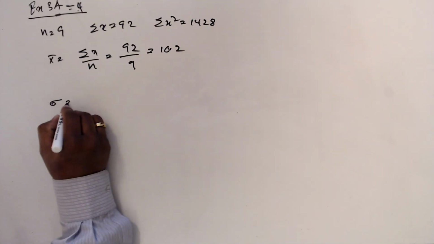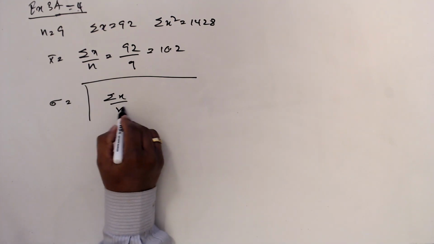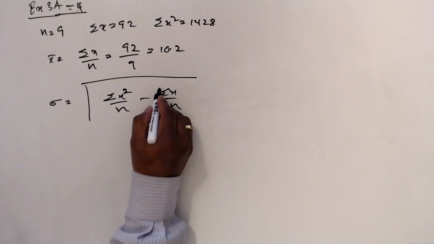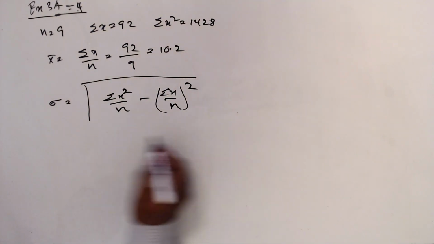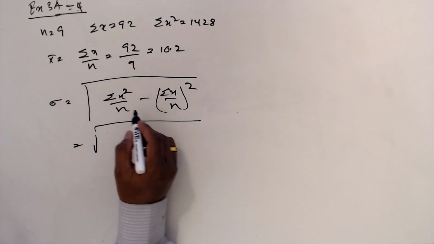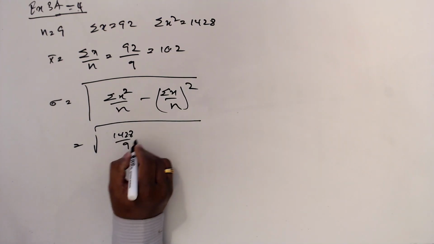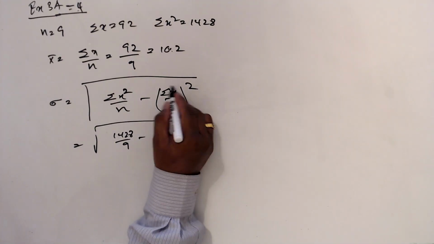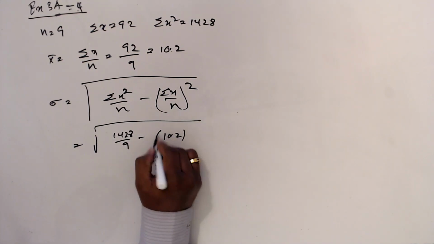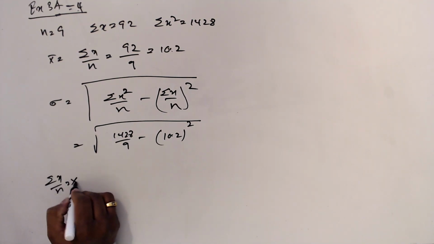Then the sigma is the square root of summation x square over n minus, summation x over n, all squared. So this is going to be summation x square, 1428 divided by 9, minus x bar squared, because summation x over n is x bar.